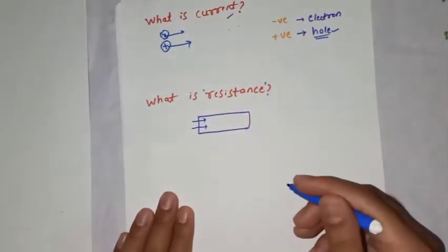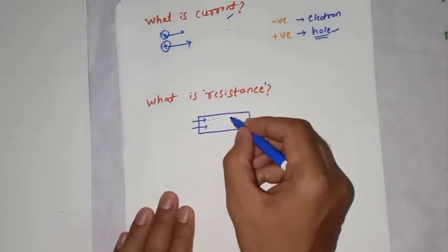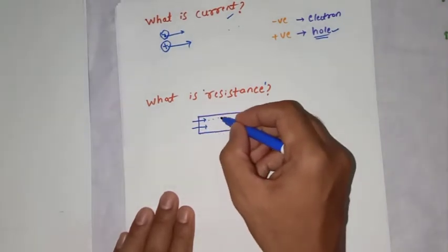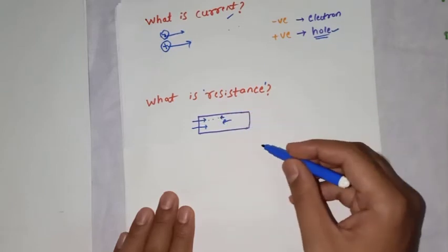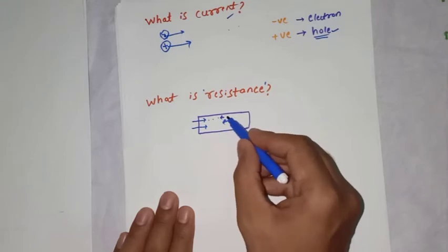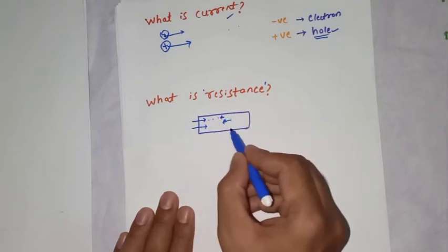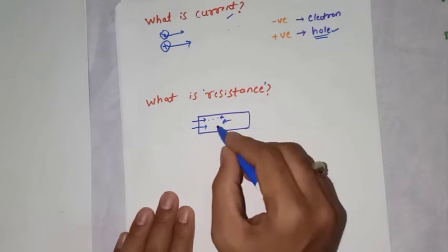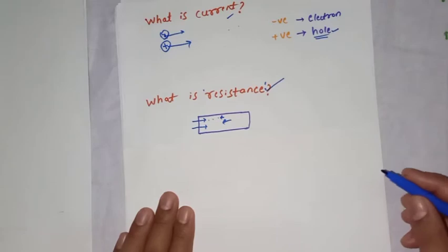What happens? This material itself starts opposing the electrons. It doesn't allow the current, that is electrons, to flow in it. And that property of the material is called resistance.